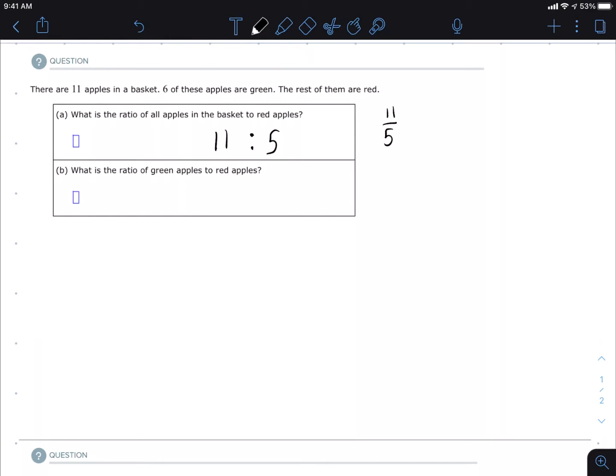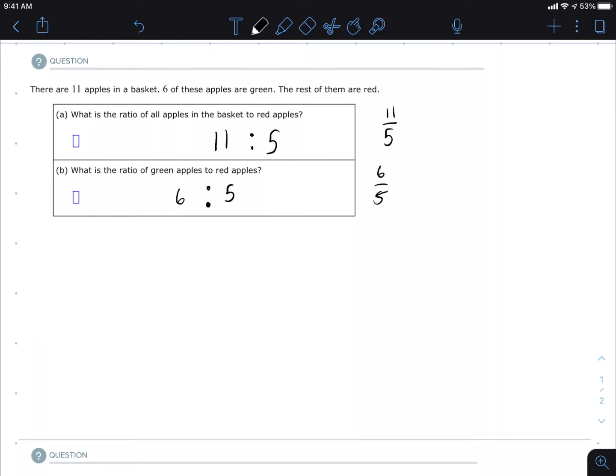So with ratios, it's how it's stated that you write it. So in the next one, it says, what is the ratio of green apples to red apples? So again, at the to, you'll put the colon. And then it's green apples to red apples. We know there's 6 green apples and 5 red apples. And so that's the ratio.